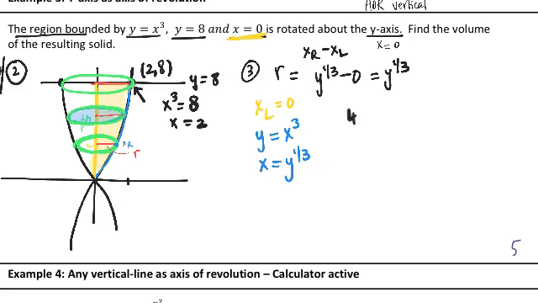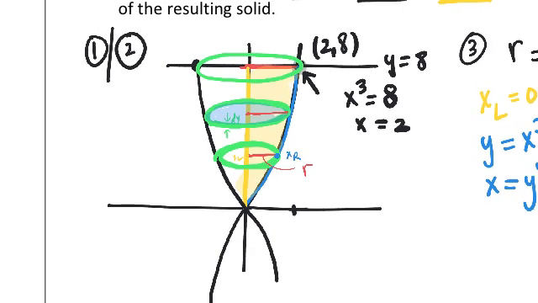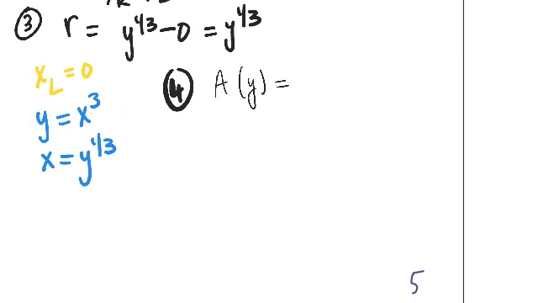Step 4 is to think about the area of each disk. It's going to be a function of y, right? As you go up this champagne glass, the disks are getting bigger, so the area of the disks must be a function of y. A of y is going to be pi times the radius squared, which can be written as pi times y to the 2/3.